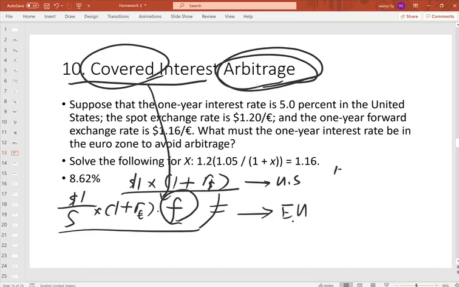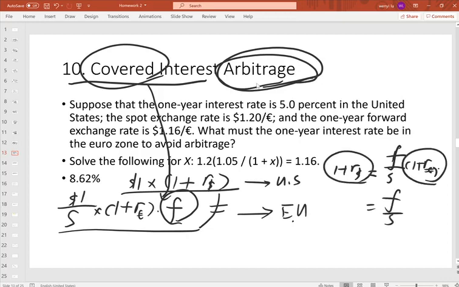So 1 plus R dollar equals 1 over S times 1 plus R euro times F. So F over S should be equal to 1 plus R dollar divided by 1 plus R euro. That's where our formula comes from, that's our covered interest rate parity.